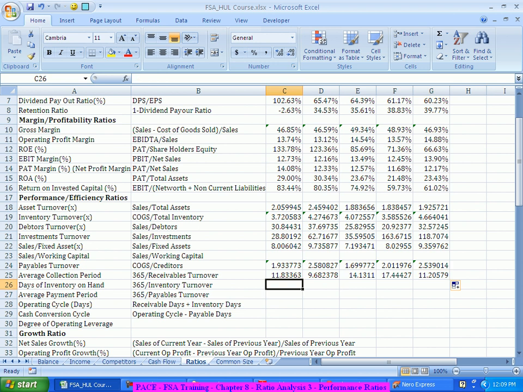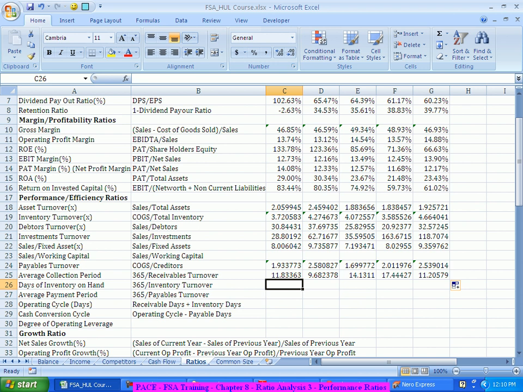Then similarly, there is a definition of days of inventory on hand. On an average, how many days it is taking for any inventory to be ready for sale. See, inventory is the moment it comes into the store, I am treating it as an inventory.